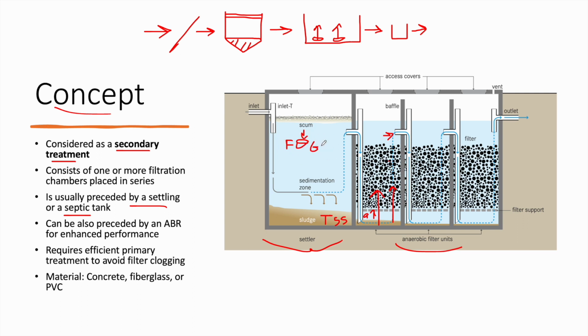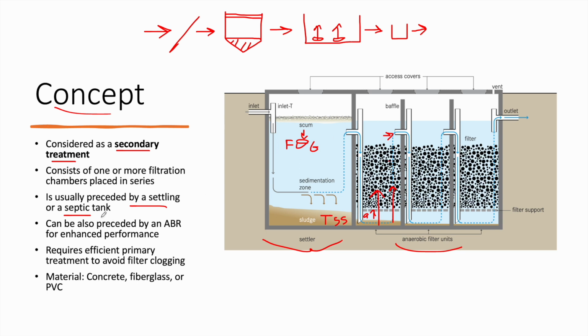So anything that can float, because these can clog the filtration material. And also the total suspended solids can clog these filtration materials, and we will face a serious problem. Only the clean water and the clear water will go through the secondary treatment.